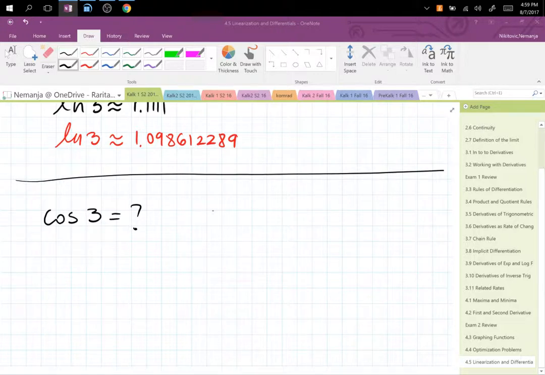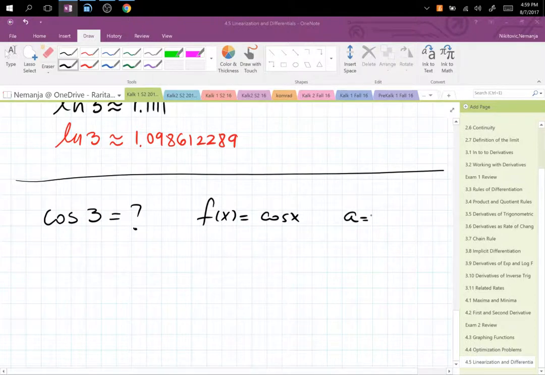First of all, what's the function that you're looking at? Cosine x. And what's a? Pi. Nice. 3.14. Now remember, any other number is going to have some kind of deal with pi. Pi over 4, pi over 6, pi over 2, 3 pi, and pi. Any number that you come up with, you will be able to do it. All right, let's go.